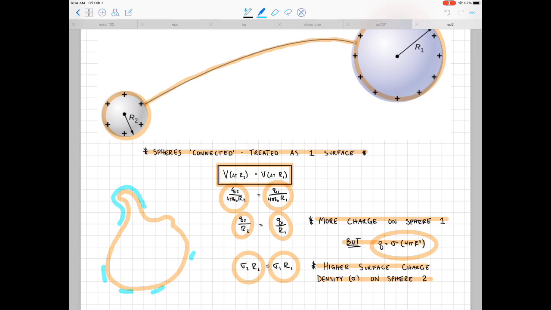And that's because the radius of curvature in this region is much, much smaller than the radius of curvature out here in this region.